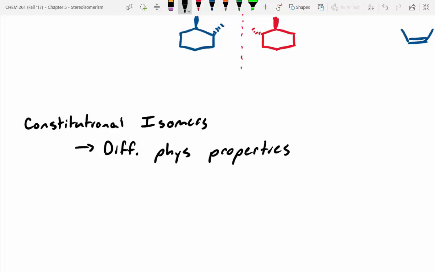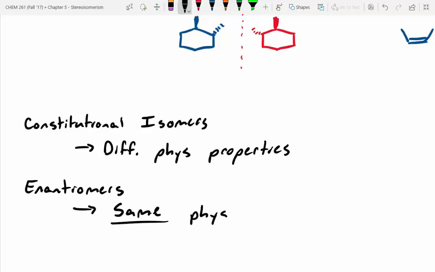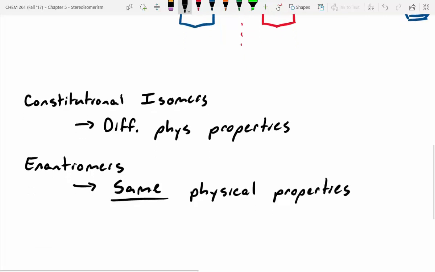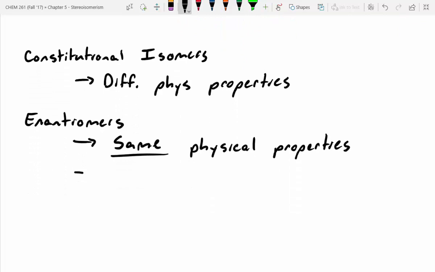And these can be easily separated from one another. Enantiomers are a little bit more difficult. They actually have the same physical properties. And that means that they are difficult to separate.